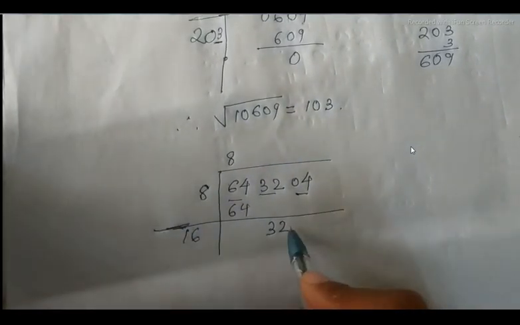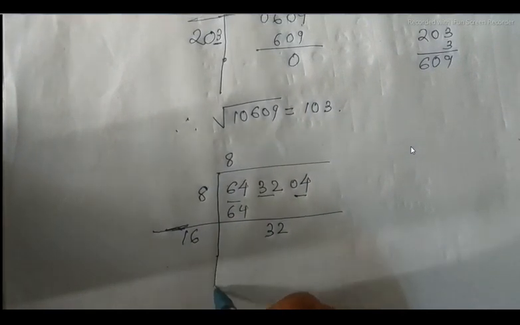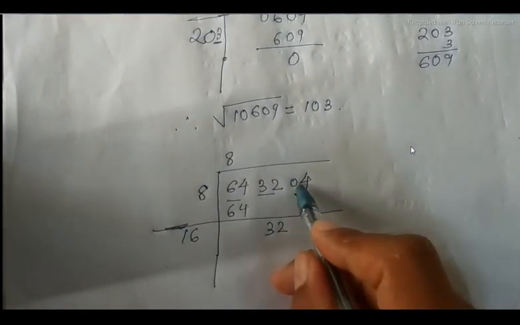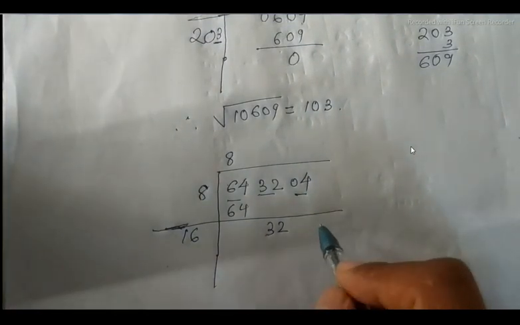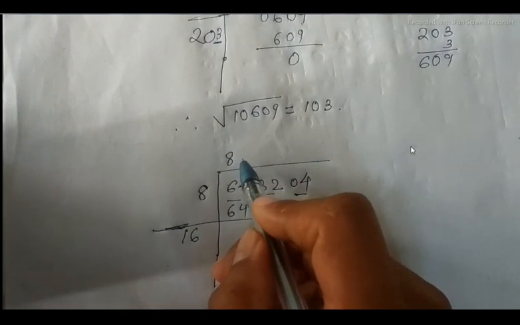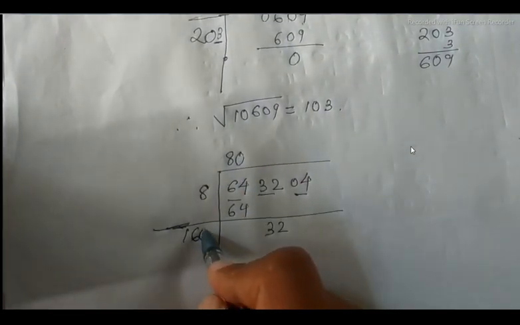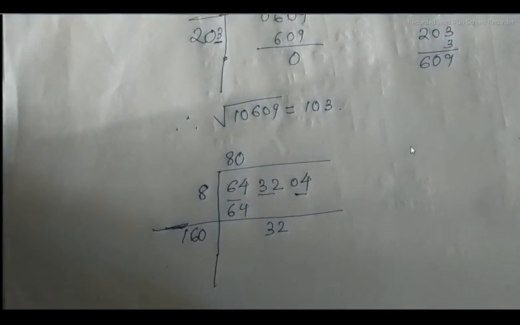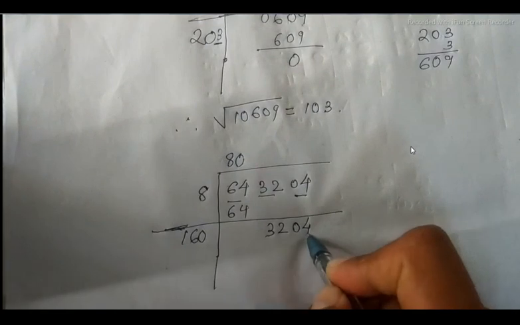And 32 will be a smaller number. So we have to bring the other pair, that is 04, down. To bring the 04 down, we have to add zeros in both the quotient and the divisor side. So the next pair comes down, 4.